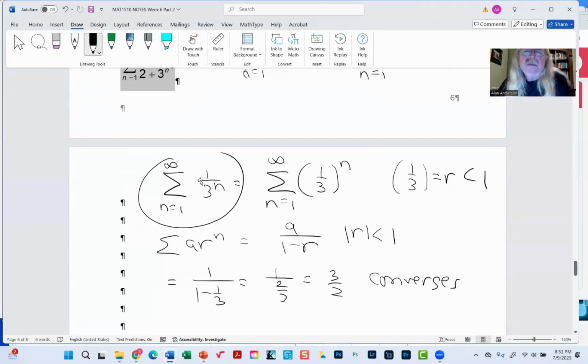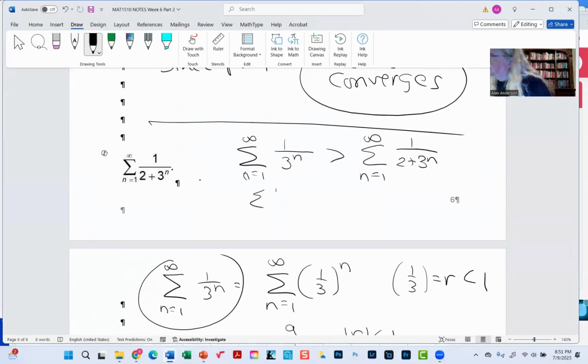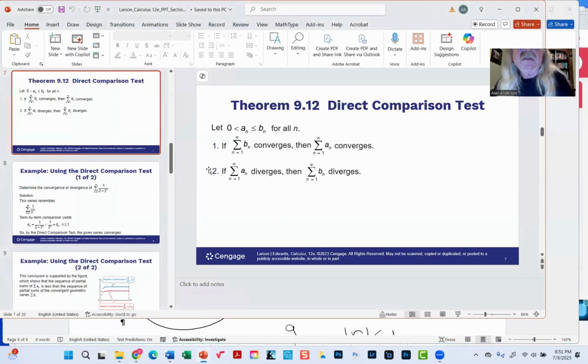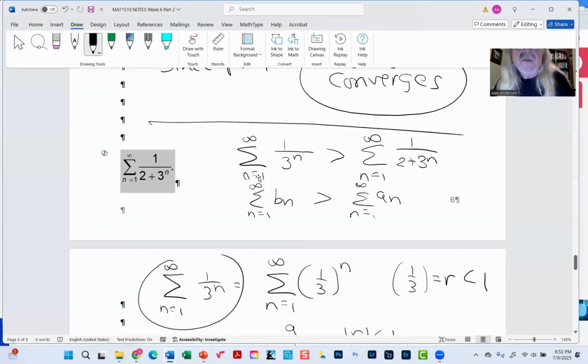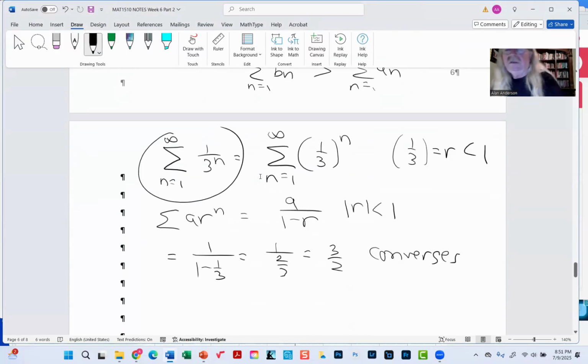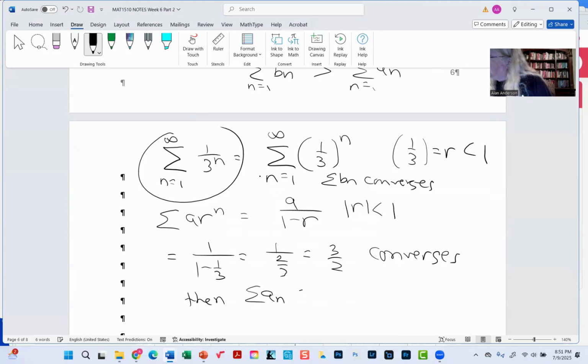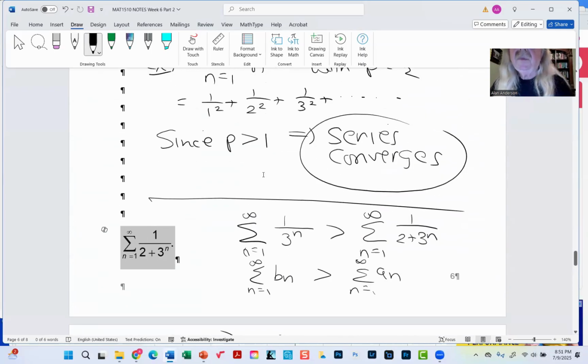This is the B. And so that implies that if the B converges, which is this one, then the A series, 1 over 2 plus 3 to the n, must also converge.